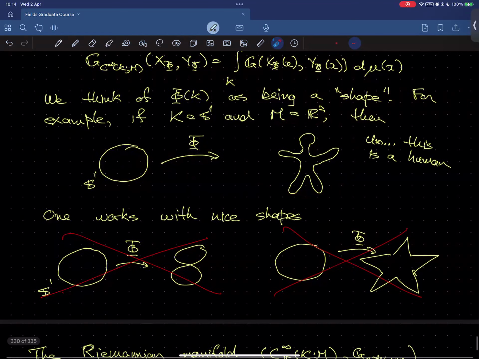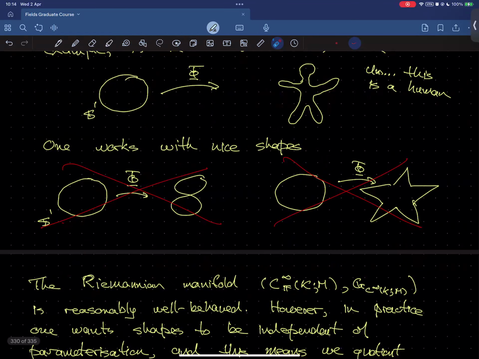Okay, and you normally want to put some restrictions on things, so you want to maybe make it so that the thing doesn't have self-intersections, because humans don't have self-intersections, for example, and you want to make sure that it has no sharp corners like this one does. Okay.